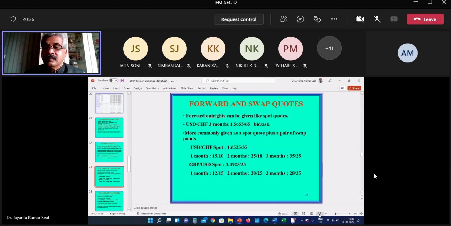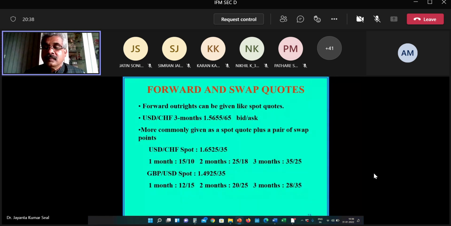So once you find the forward rate, it is called an outright forward rate. So outright forward rate is a forward rate like this. So basic idea is instead of giving a forward rate for 1 month, 2 months, 3 months every time, you have a spot rate, because one thing is clear, your forward rate depends upon your spot rate.